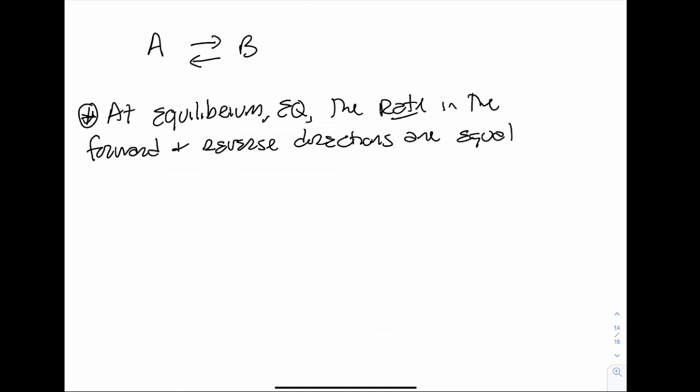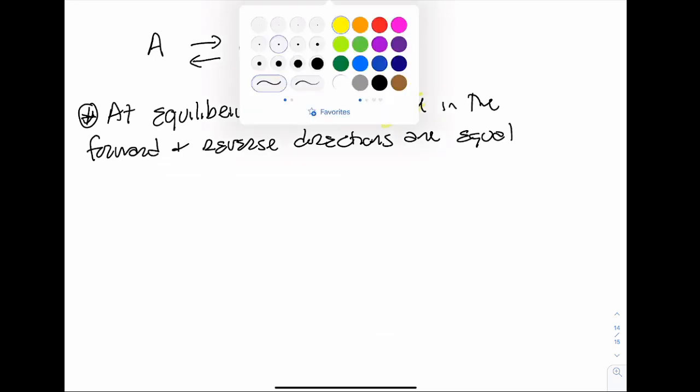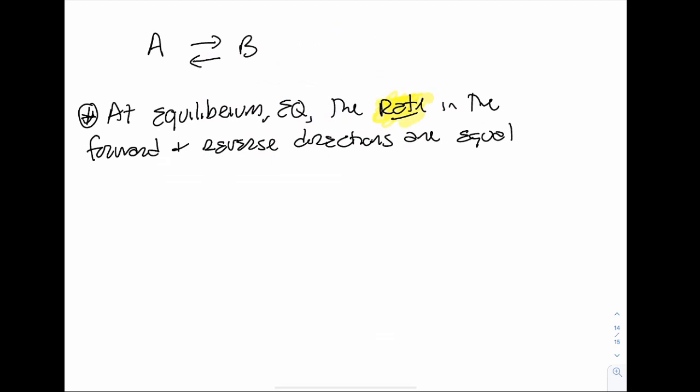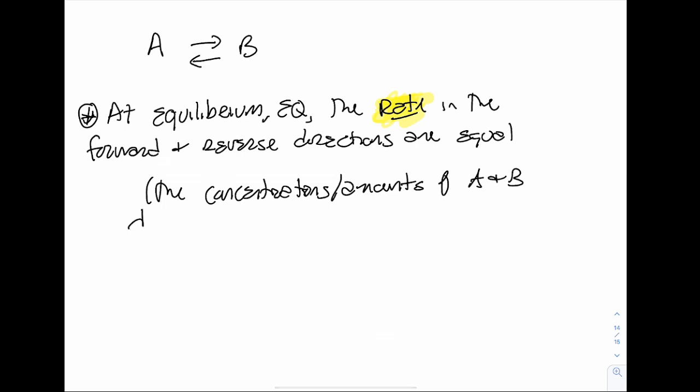And the equal part of equilibrium means the rates are equal, not the amounts. So the rate in the forward and reverse direction are equal, and the concentrations or amounts of A and B do not need to be equal.